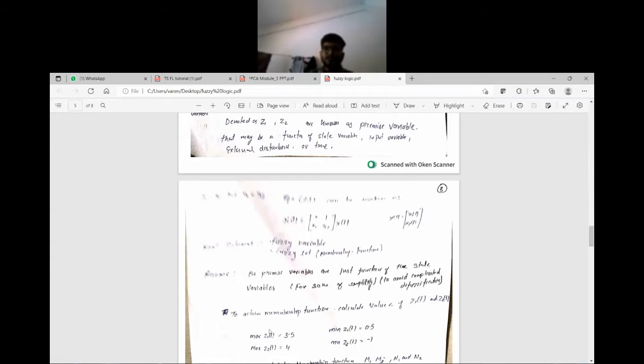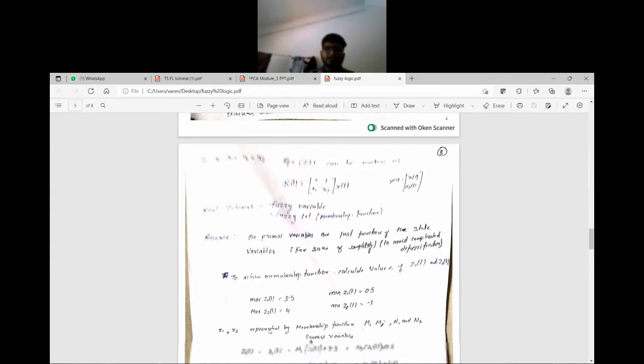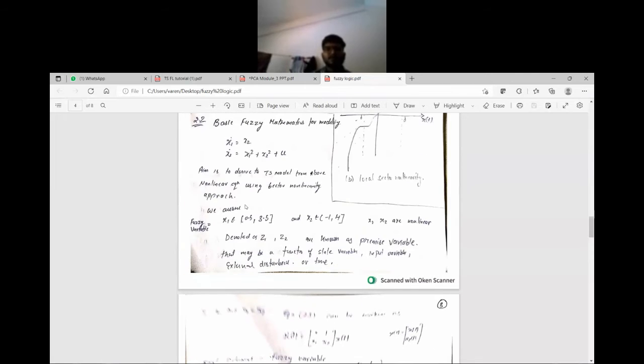To achieve the membership functions, we have to calculate z1(t) and z2(t). For z1(t), we have to consider the maximum value and the minimum value. Similarly for the z2 premise variable, x1 and x2 represent the membership functions m1, m2, n1, n2.